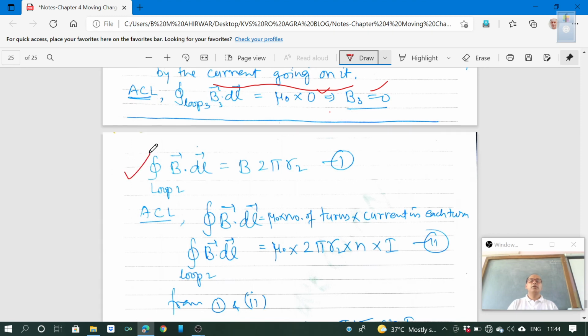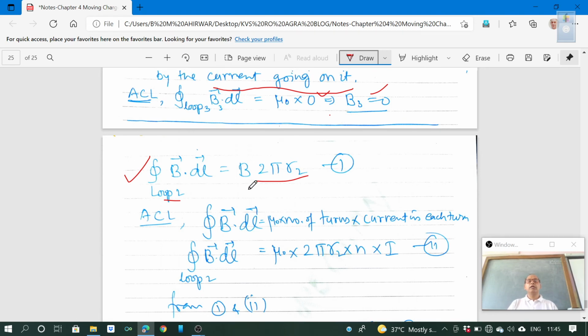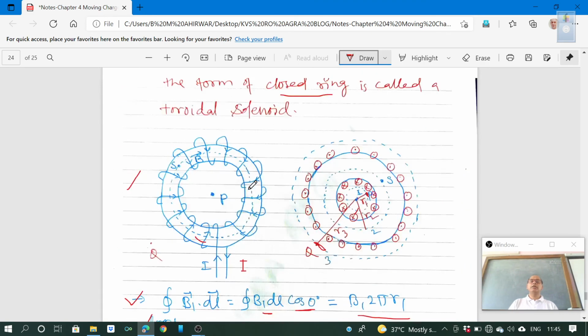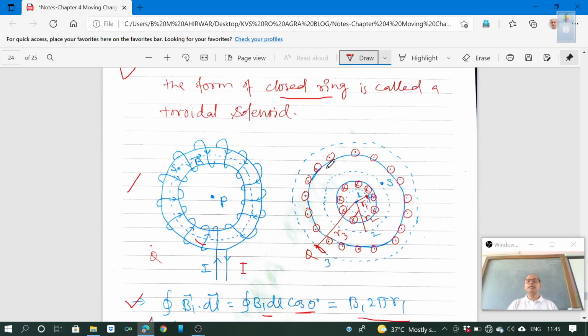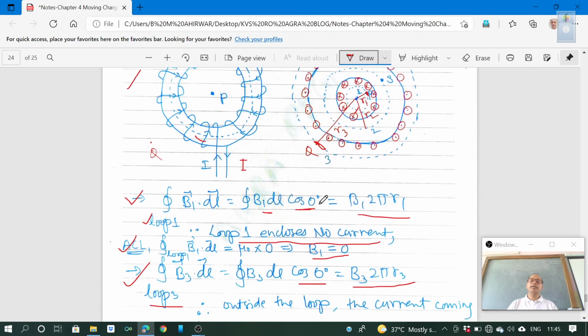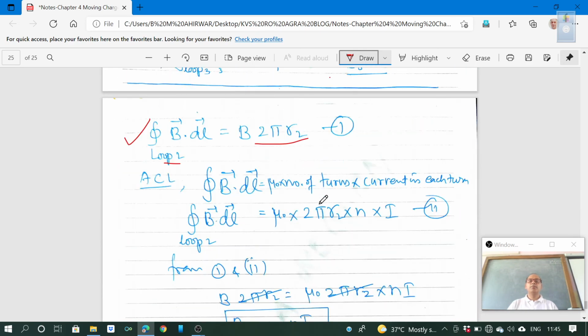Now the total magnetic field for loop 2 is B dot dl equal to B 2 pi R2. Why is it so? Because this is a closed loop, we can say the dotted closed loop, and there is a current. Okay, so now we apply Ampere's circuital law.